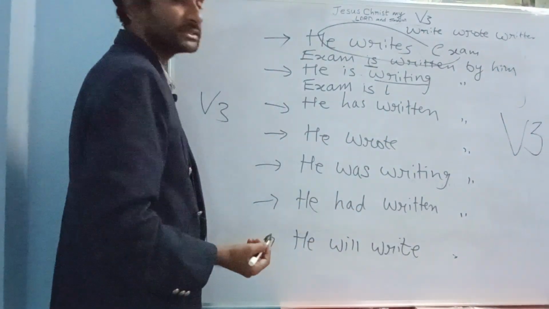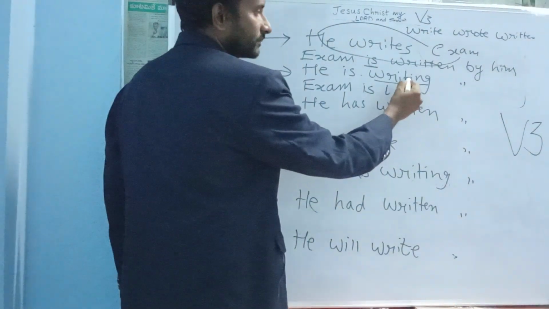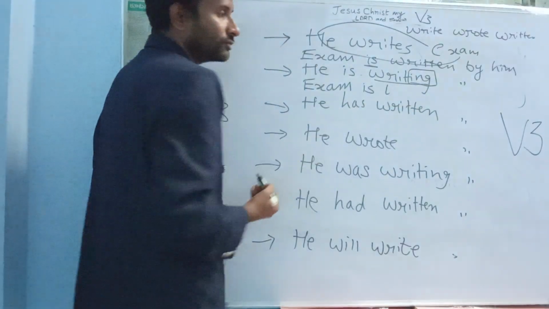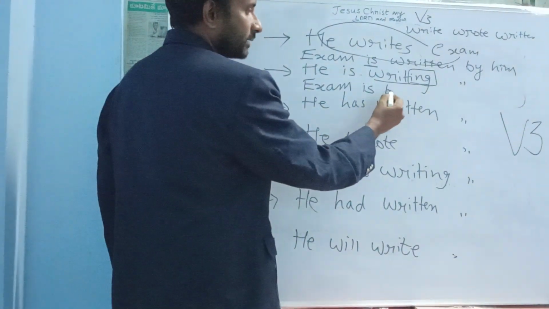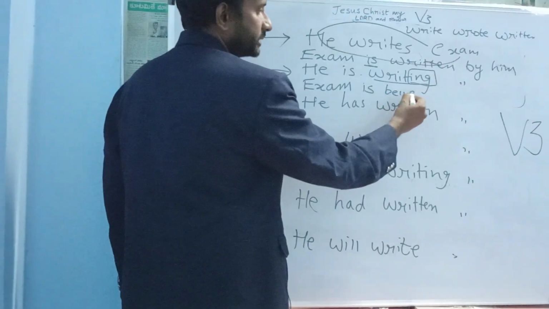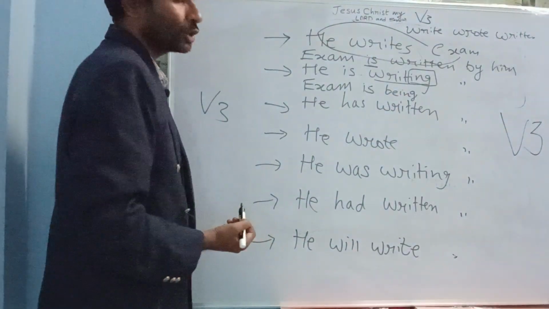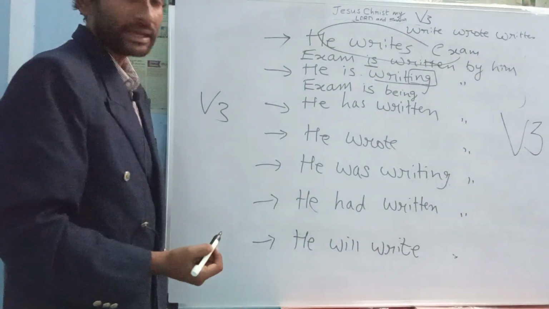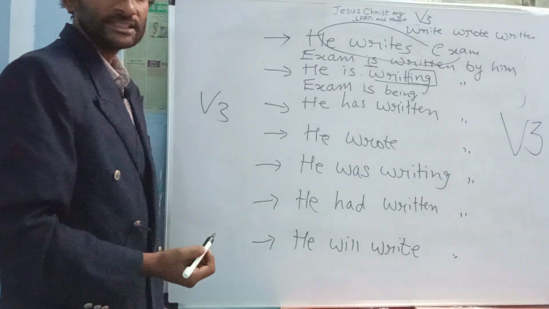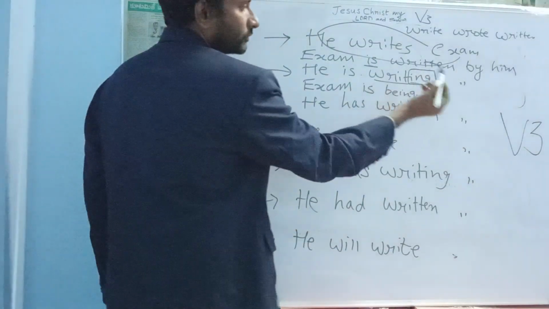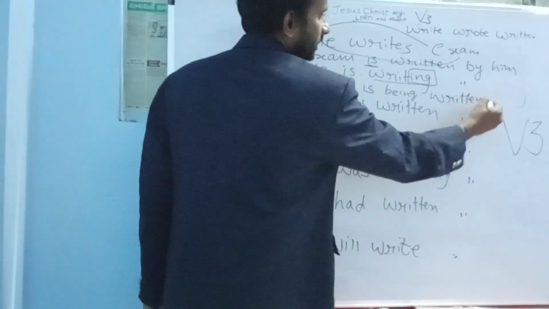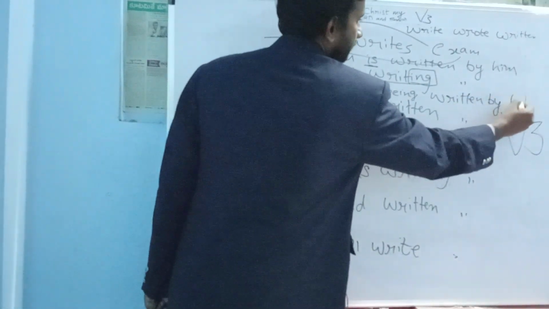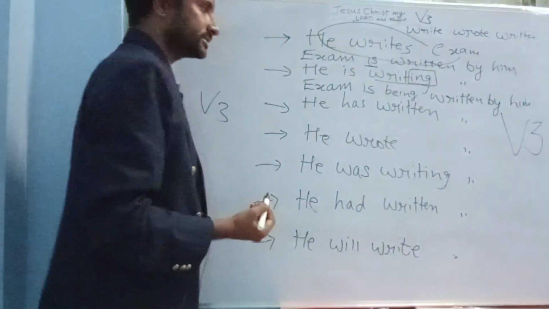But the problem is here we have ing. That ing we must not exclude. You have to bring it by adding be plus ing, that is being. That way you are bringing that ing to passive form. Exam is being written by him. So that is how it happens.